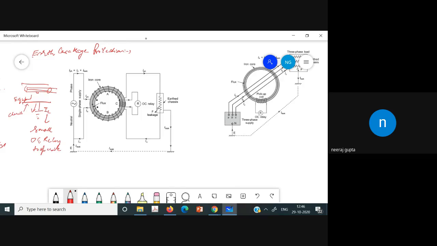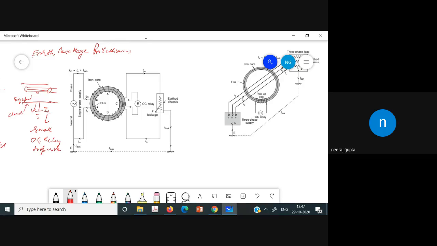The value of this leakage current will be too small for the overcurrent relay to operate, and this actually poses a danger to the personnel who come in contact with the chassis of this equipment. If there is an insulation failure within the equipment, and the equipment is always connected to the ground.